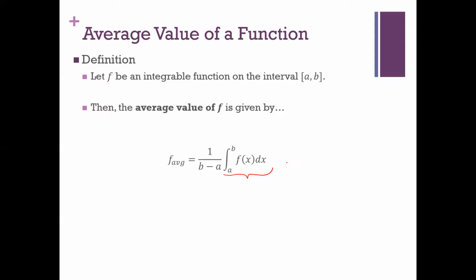Yeah, that gives you the area under the curve, right? This 1 over b minus a, what is that doing? Yeah, you're dividing by the length of the interval or multiplying by its reciprocal, same idea.